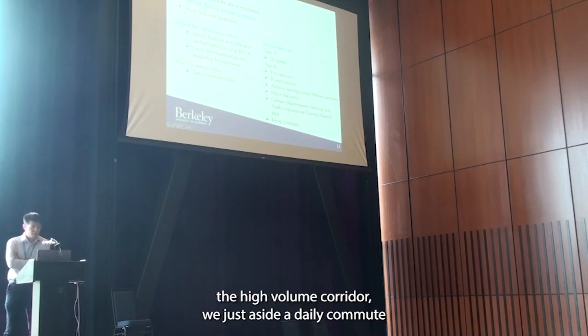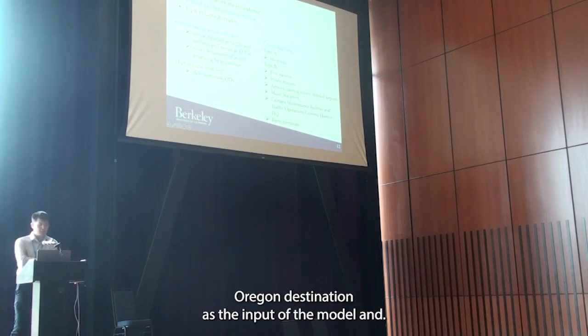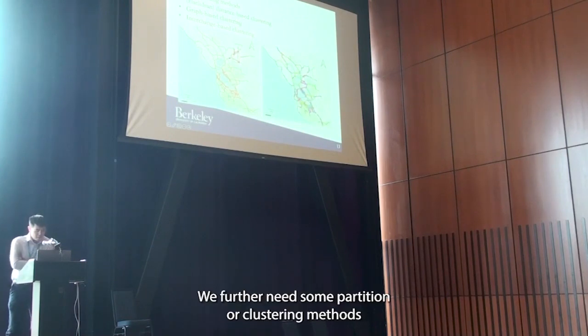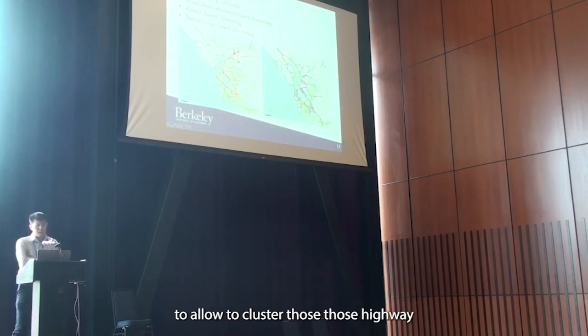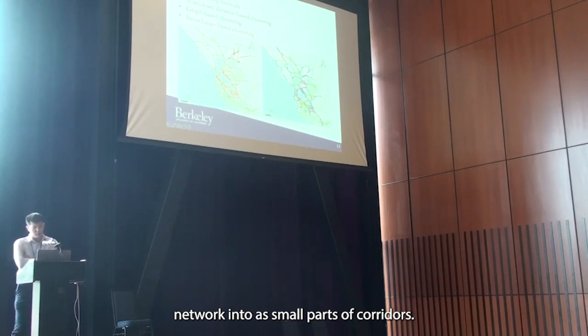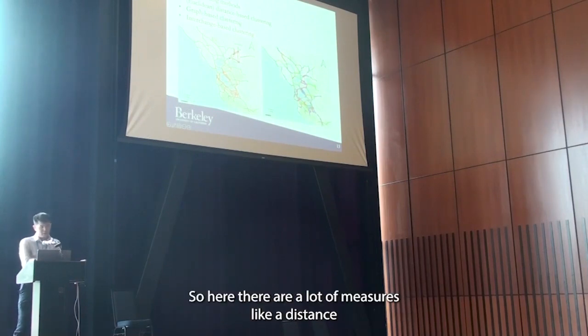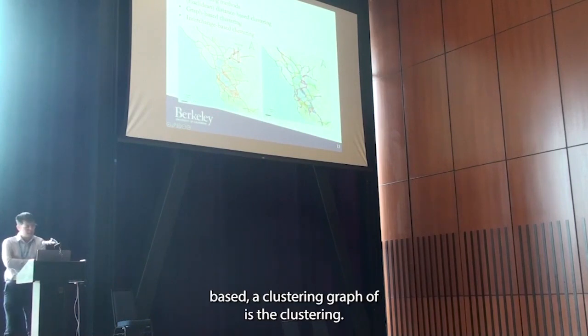For the high volume corridor, we just assign the daily commute origin-destination as the input of the model. And we further need some partition or clustering methods to cluster the highway network into small parts of corridors. There are a lot of methods, like distance-based clustering and graph-based clustering.